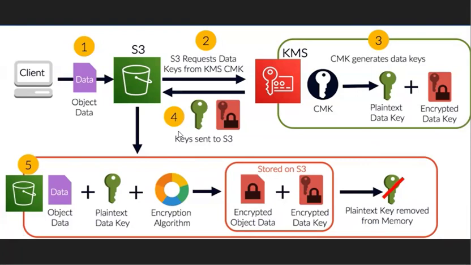So during encryption, what happens? Whenever a client uploads an object to the S3 bucket, the S3 bucket requests the KMS service. Now the KMS service will generate the plain text data key and the encrypted data key. These two will be sent back to S3. At S3, the plain text data key will encrypt the object uploaded by the customer with some encryption algorithm and generate the encrypted object data.